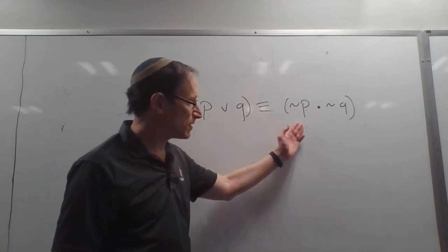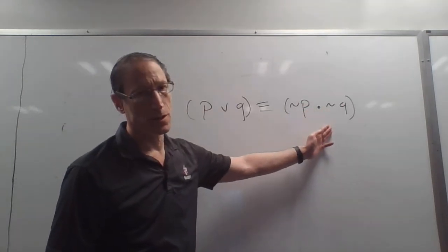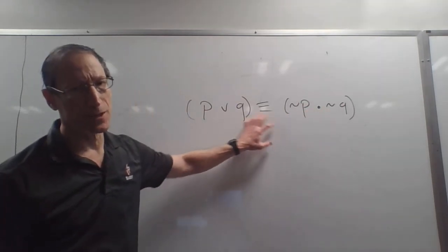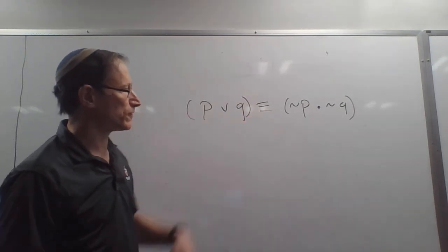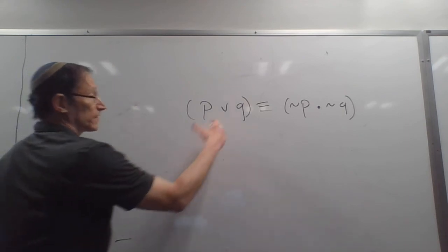This says P is false and Q is false. So these two statements cannot live together in the same world, so they're not equivalent. Well, this is saying that they are equivalent.